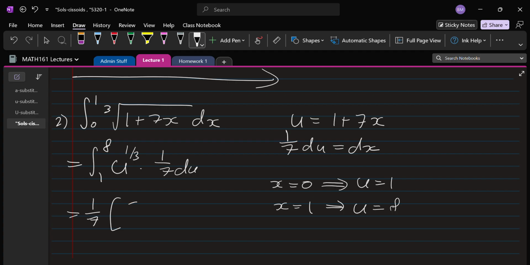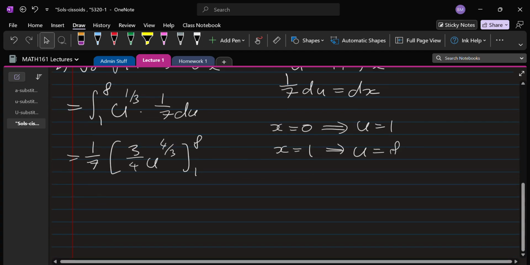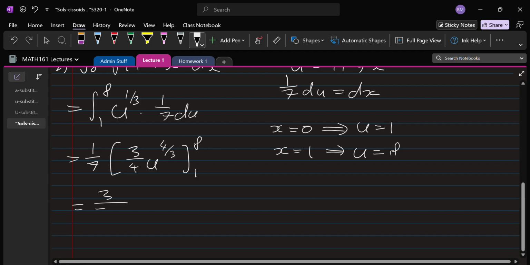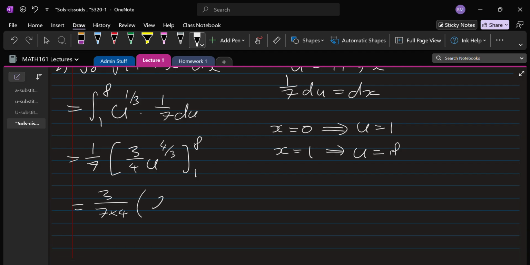1 over 7, that comes out. u to the 1/3, we're going to add 1, so that's adding 3 over 3. So that will be 4 over 3, divide by that, 3 over 4, from 1 to 8. So this will be 3 over 7 times 4.